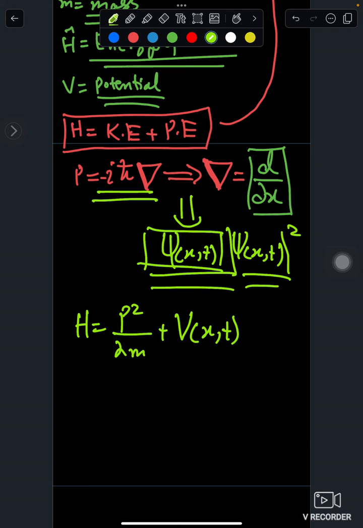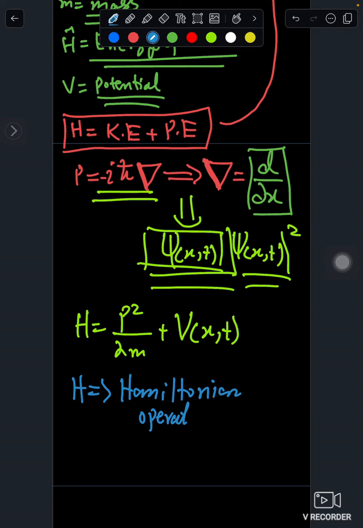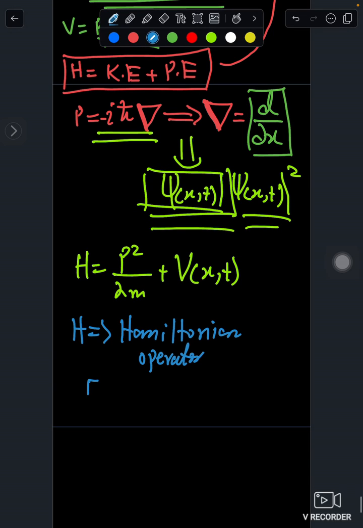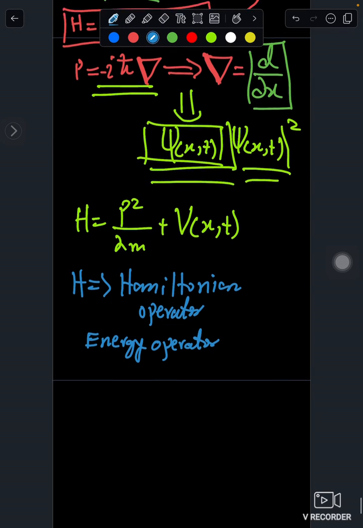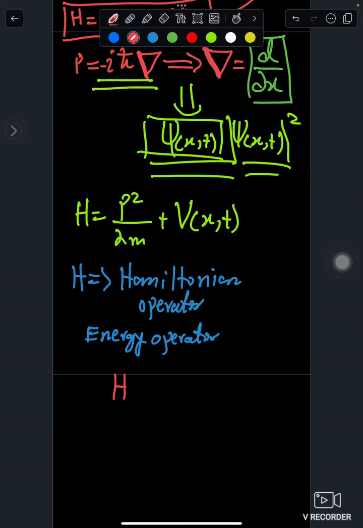One more thing, here this H is the Hamiltonian operator, and it acts as an energy operator here, because H psi equals E of x and t equals i h bar d over dt psi of x and t.